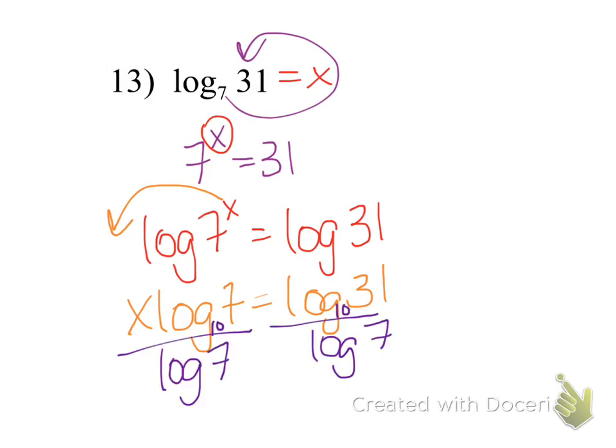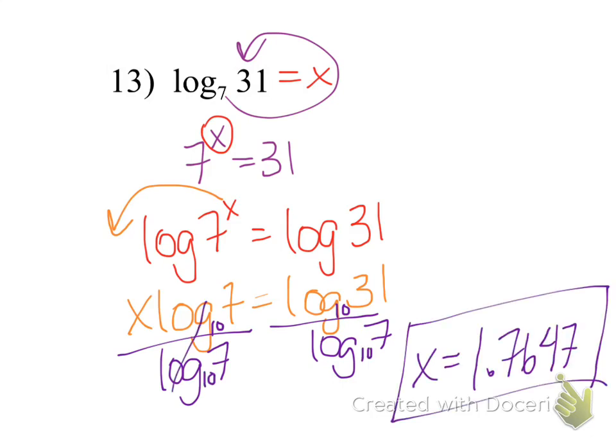And as I mentioned, we're dealing with base 10. The reason I'm doing that is because the log button on your calculator is base 10, so that would be the most useful logarithm to divide by. Dividing both sides by the log base 10 of 7, I can put the right-hand side in my calculator, and I get x equals 1.7647.